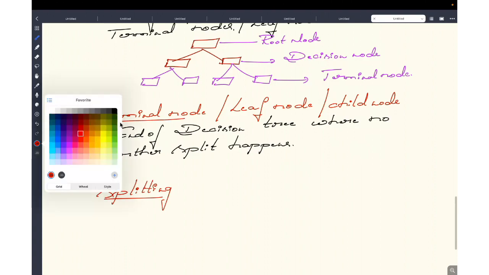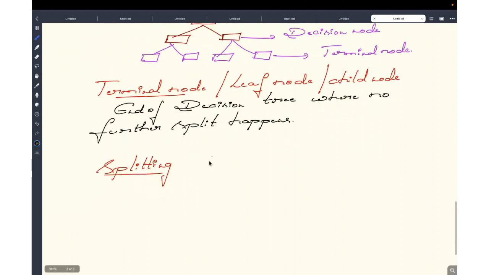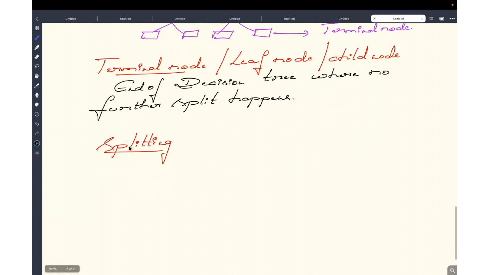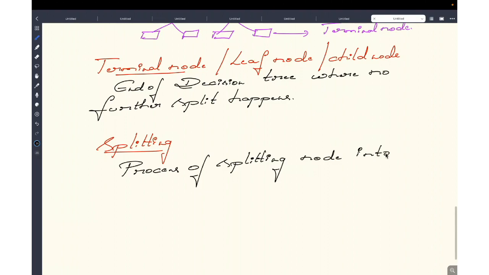When I say splitting, it is one of the processes in a decision tree where the dividing or splitting of a node into subnodes happens. So every node is getting divided into different nodes, right? Either it can be a decision node or it can be a terminal node. So we call that process splitting.